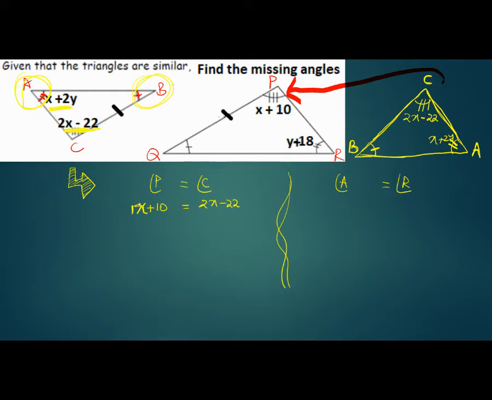I see 1x on the left hand side, 2x on the right hand side, and the smallest one is 1x. So go for inverse operation. Take away 1x on both sides. I repeat, always focus on the smallest variable, meaning the smallest coefficient.